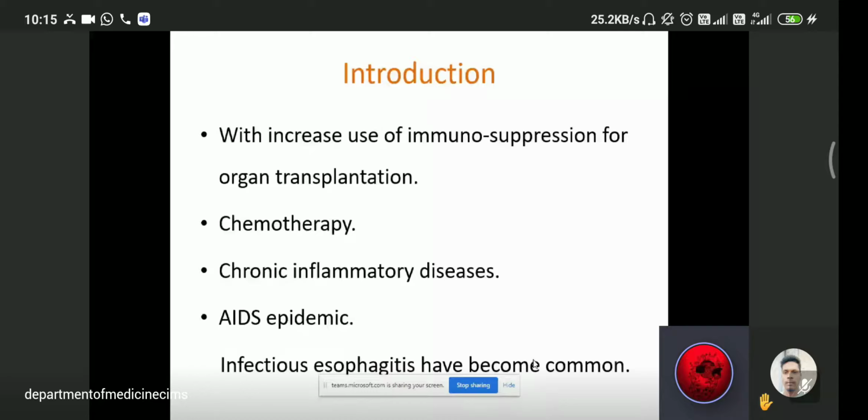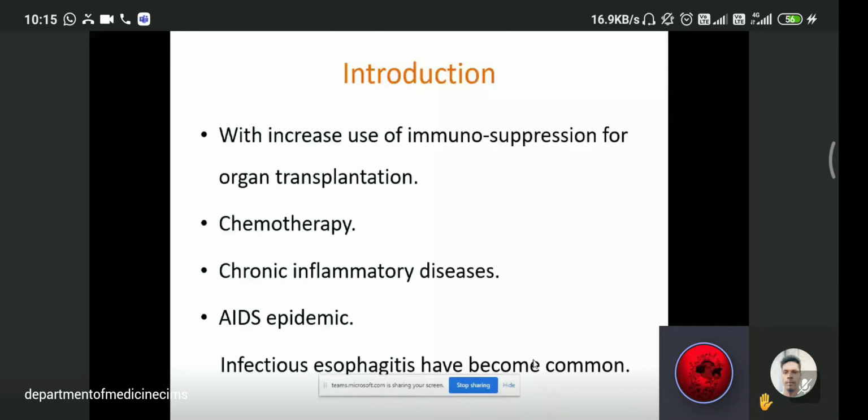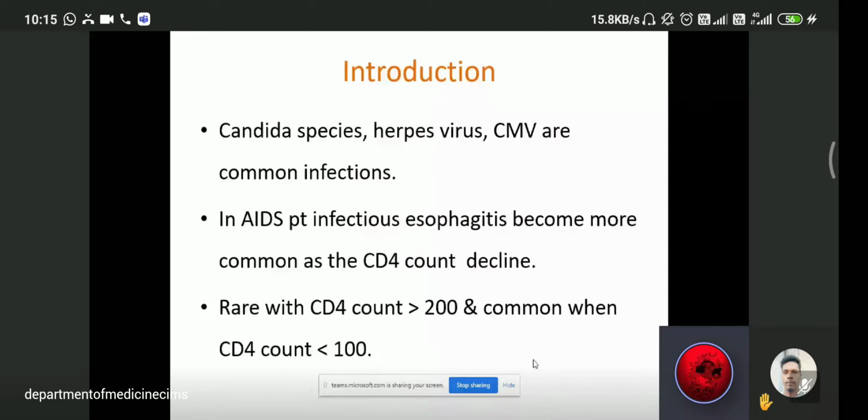These are a few reasons leading to a state of immunosuppression, leading infectious disease to be prevailing or very common. Infectious esophagitis has become common with this immunosuppression. Candida species, herpes virus, and cytomegalovirus are the common infections in infectious esophagitis.